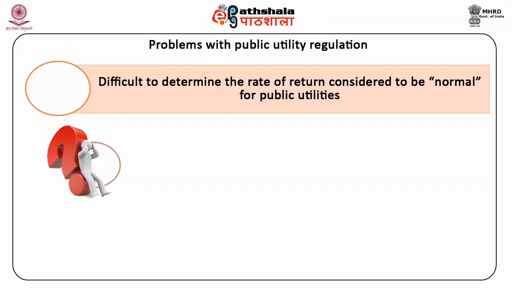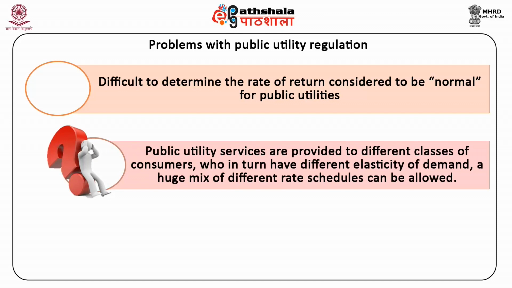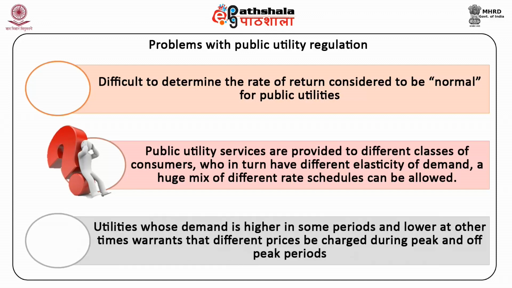Also, since public utility services are provided to different classes of consumers, who in turn have different elasticity of demand, a huge mix of different rate schedules can be allowed. Again, there are certain utilities whose demand is higher in some periods and lower at other times, which warrants that different prices be charged during peak and off-peak periods.